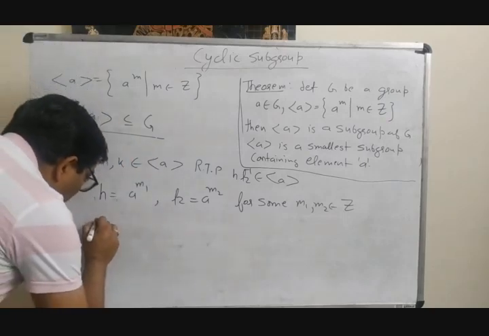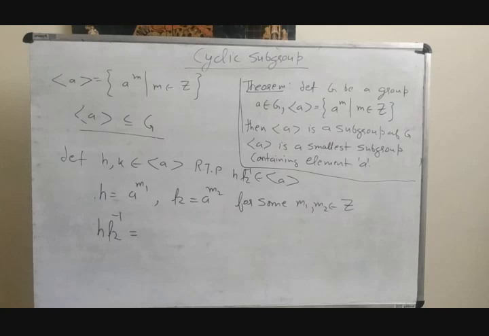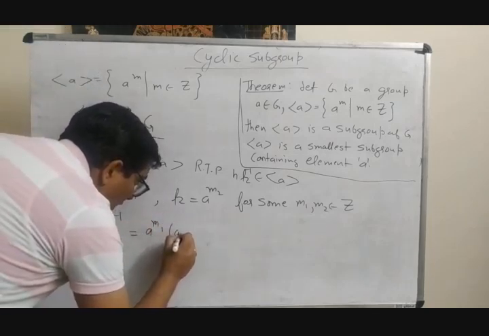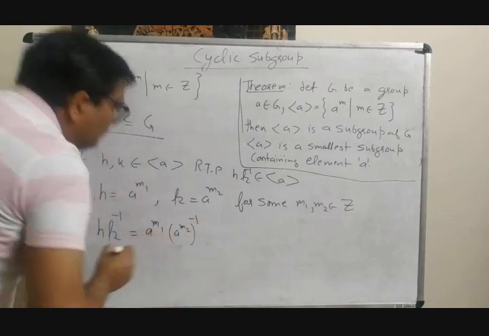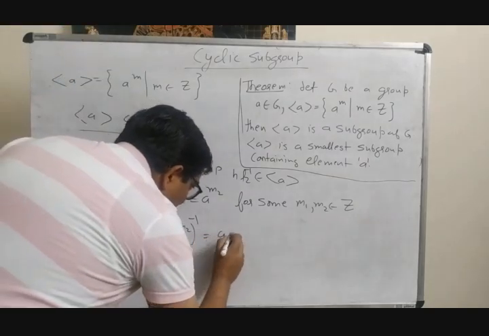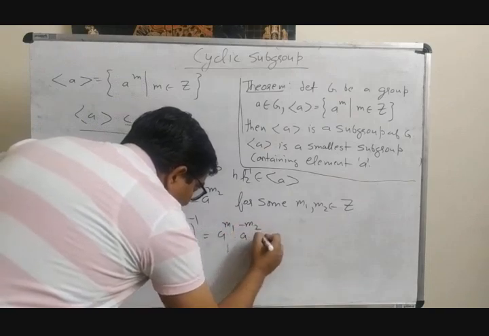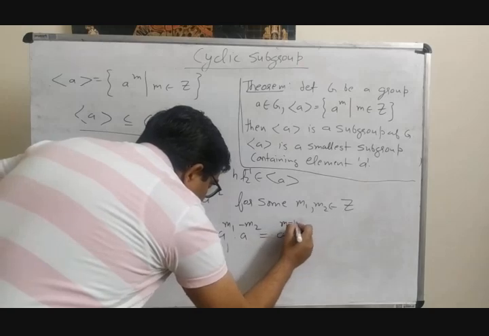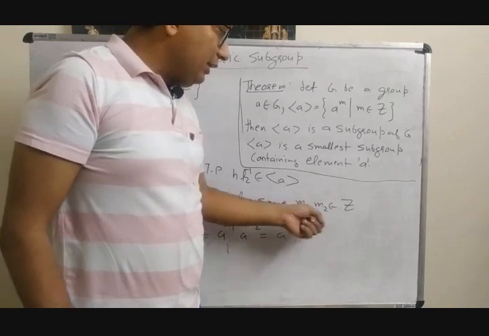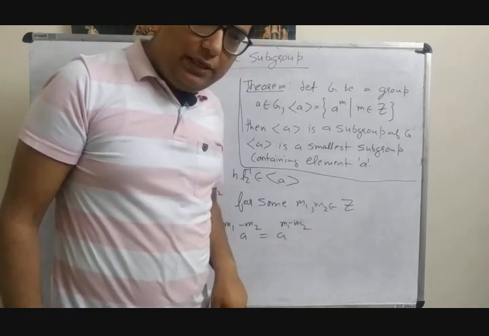So what is the value of h k inverse? It becomes a raised to power m1 times a raised to power m2 with minus sign, so this is a raised to power m1 times a raised to power minus m2, which is a raised to power m1 minus m2. Now, as m1 is an integer and m2 is an integer, m1 minus m2 is also an integer.